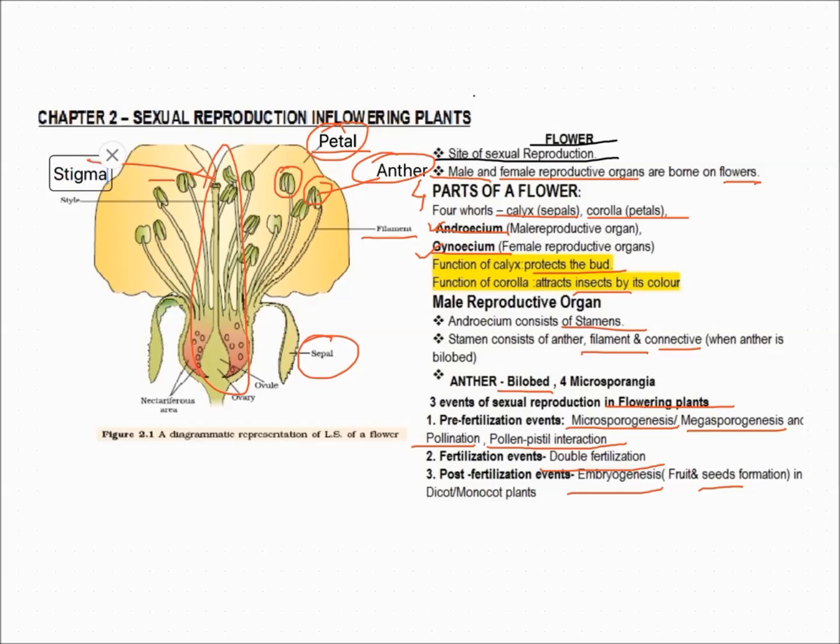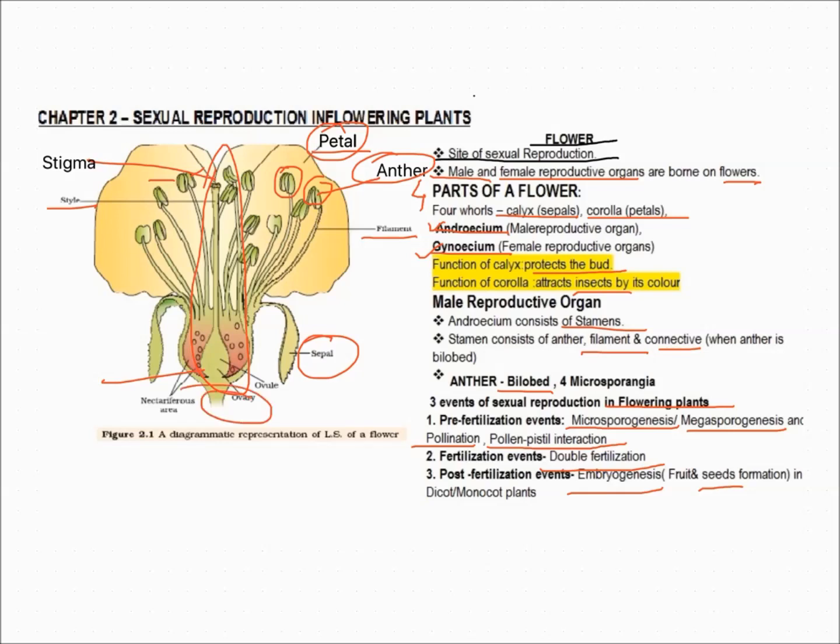Stigma is the place where pollen grain lands. The second one is the style. The style is the part which connects the ovary and stigma.